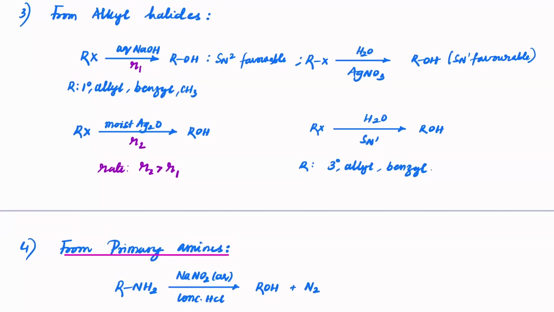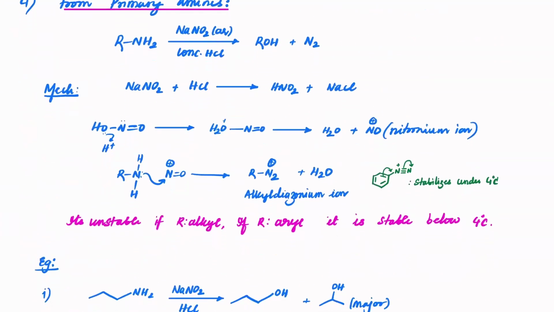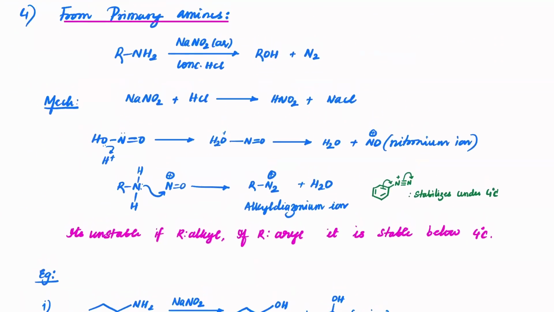Got it? Next. How do we get alcohols from primary amines? When you react a 1 degree amine with NaNO2 and concentrated HCl, which will give you nitrous acid, it will convert that into alcohol and N2.